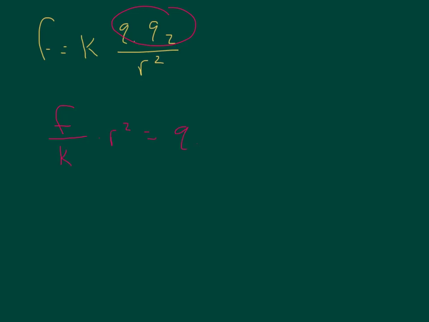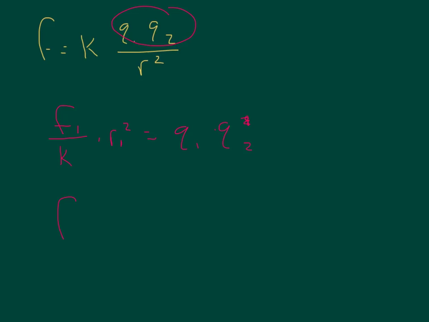Now I want to label some of these things. So this is the force at distance 1, and this is the radius of distance 1. So Q1 times Q2 is equal to force 1 over K times radius 1 squared.